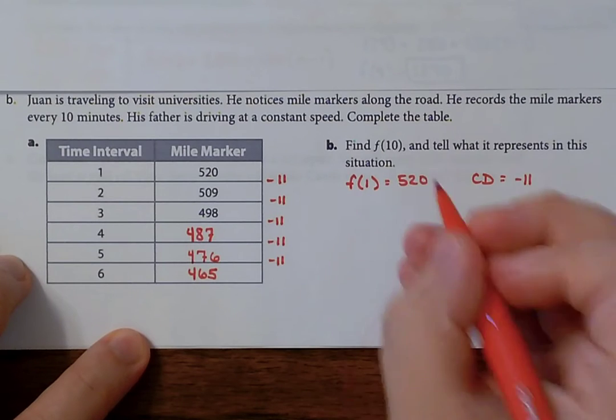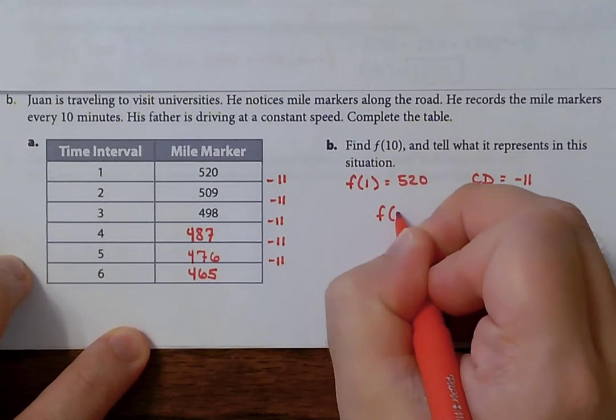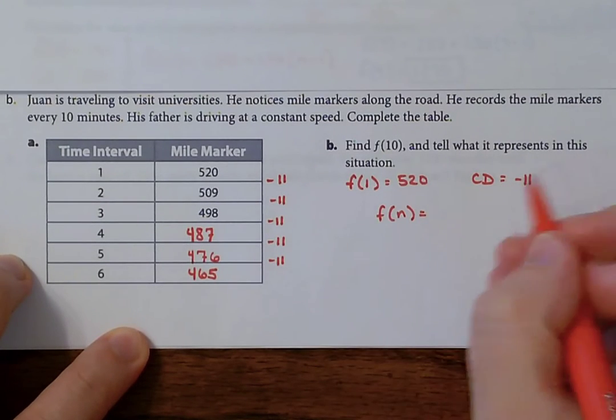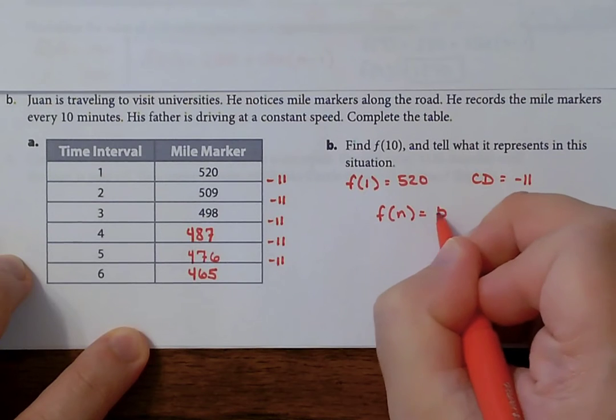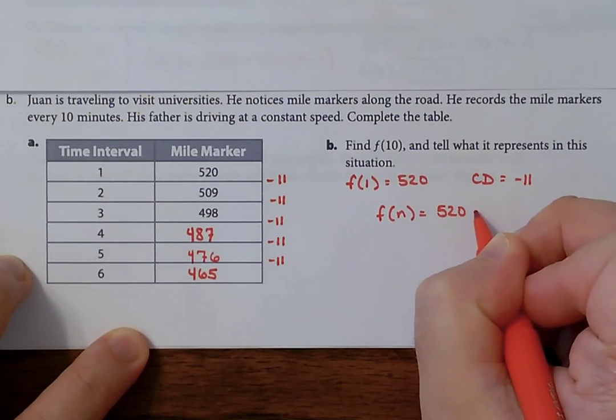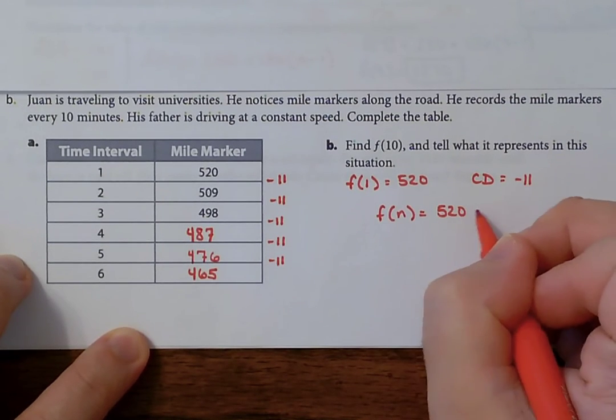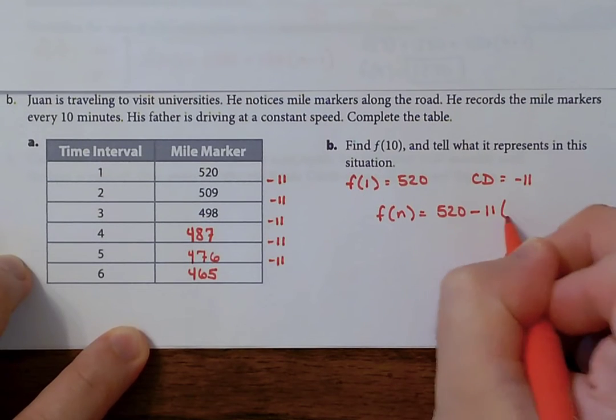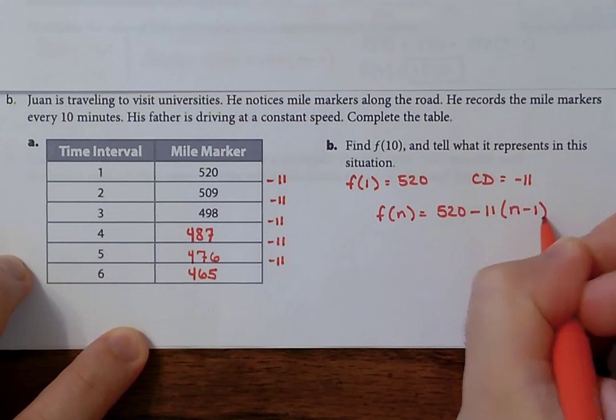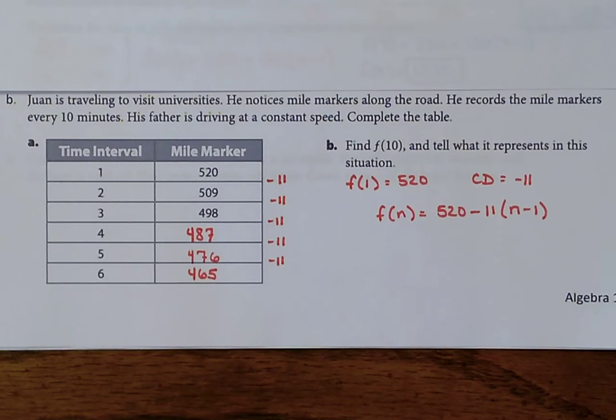So if I'm writing my explicit rule for this, it's f of n equals, again, first term, so 520, plus or minus our common difference. This is negative 11, so it's going to be minus 11 times n minus 1. So that is my explicit rule.